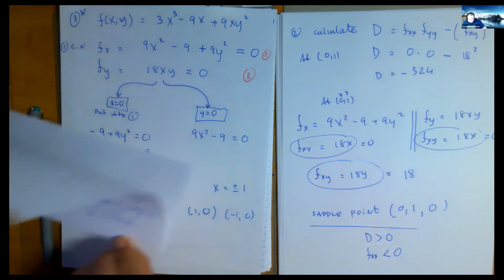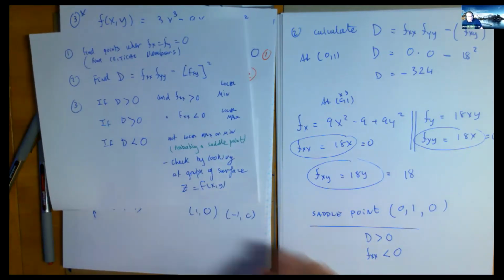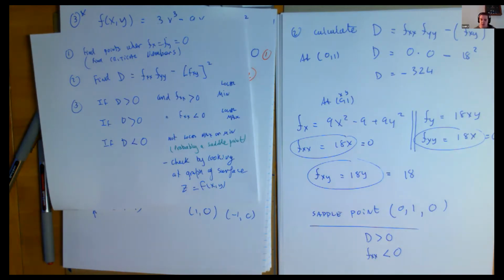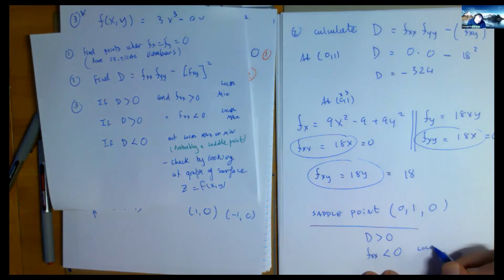What does the test say when D is positive and the second partial derivative is negative? It's a maximum, right? So it would be a local max. Now, what you would do in your WebAssign is that you would have a little box here called local max. I think it puts a little s in it in case there's more than one.